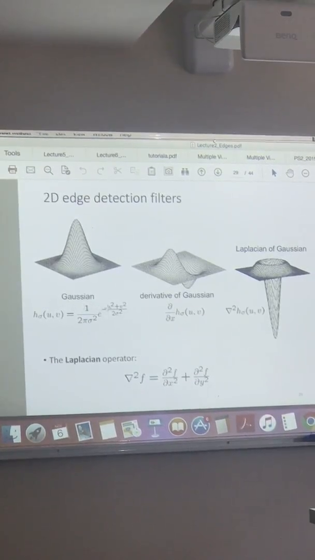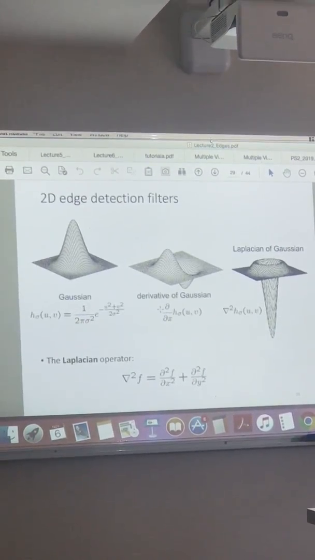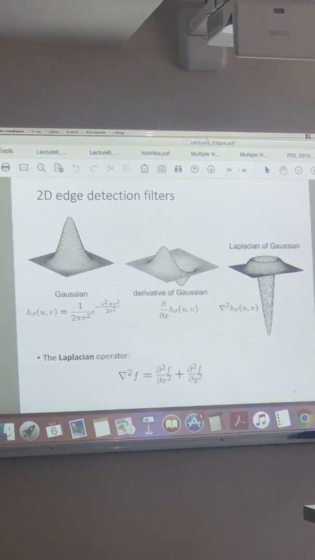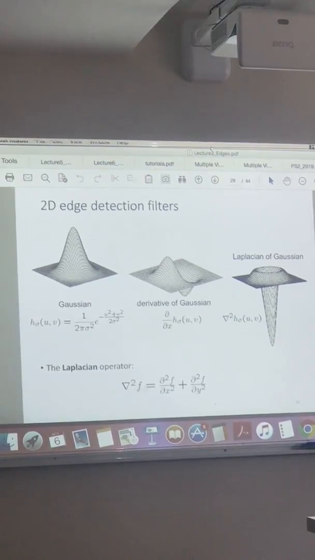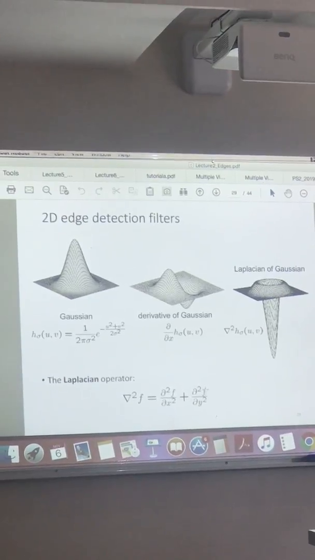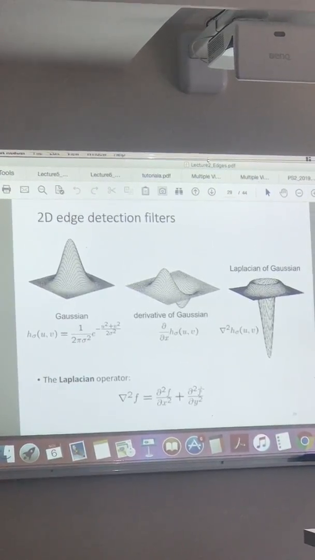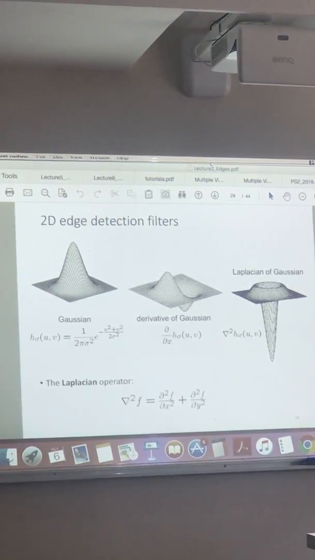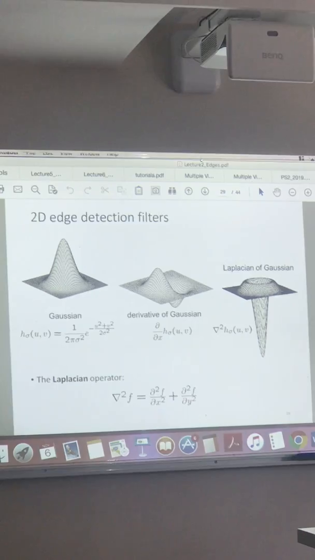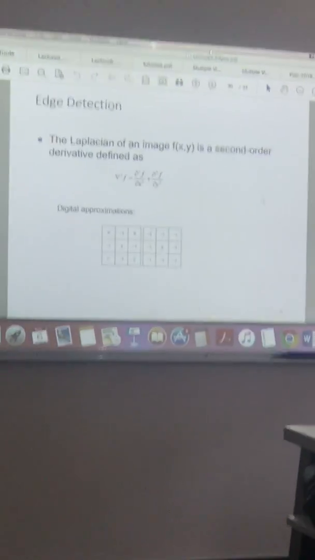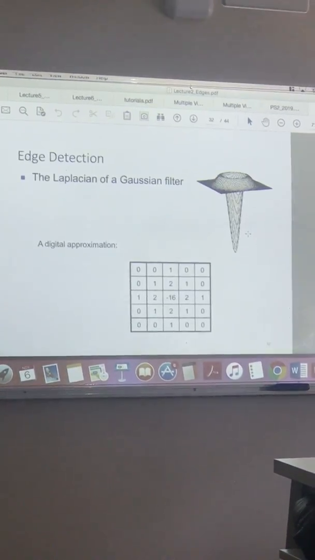You have the Gaussian filter, you have the derivative, and this is the Laplacian operator, which is the derivative in the horizontal direction plus the derivative in the vertical direction. When you find the Laplacian of Gaussian, you get something like this. With this filter applied to an image, your edges should be the zero crossings. So this is one way of thinking about it.